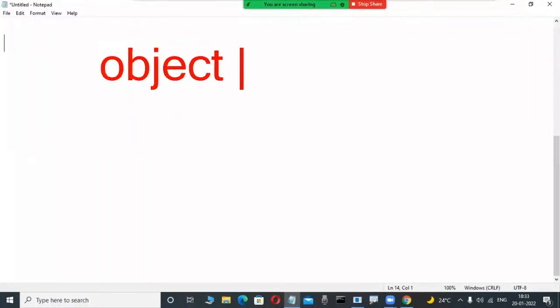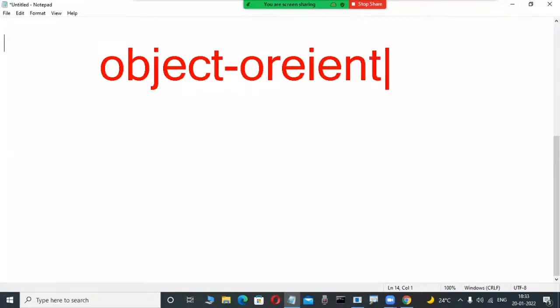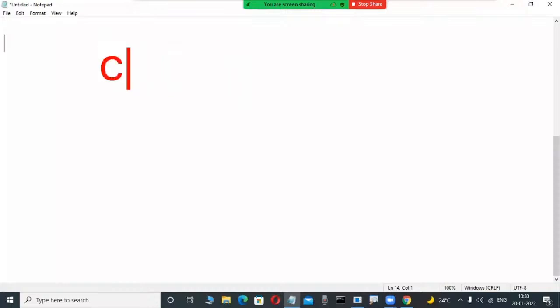Suppose there are so many object-oriented languages worldwide. A little bit of technical knowledge is there. Maybe so many fellows have an idea. What are the object-oriented languages worldwide? C++ is an object-oriented language. Java is a popular object-oriented language.